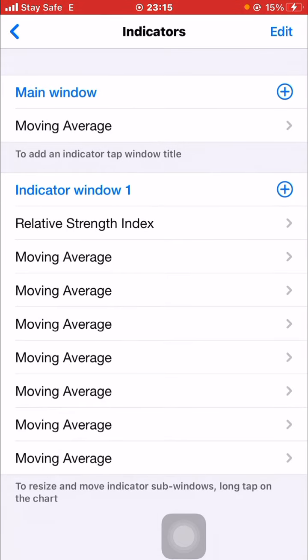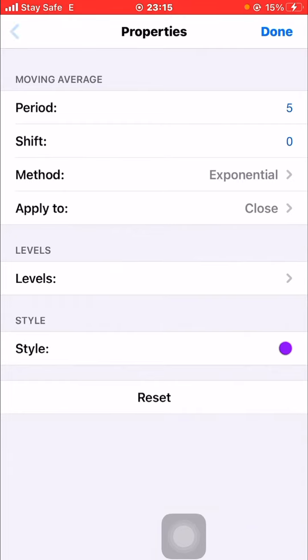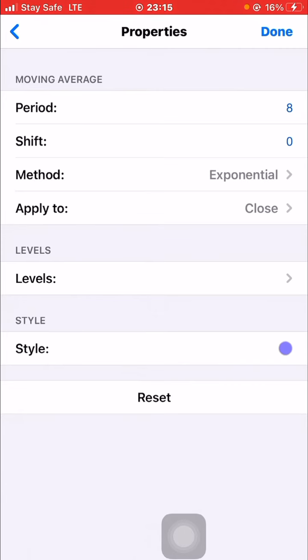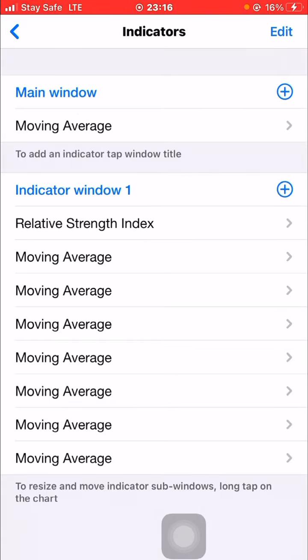Don't mind the fixed zones. You can use anything you want. Just make sure the structure looks exactly like mine. This is the one I give to you. Then the next one is moving average period 13, shift 0, method exponential, applied to close, color blue. Then period 8, shift 0, method exponential, applied to close, style bluish.